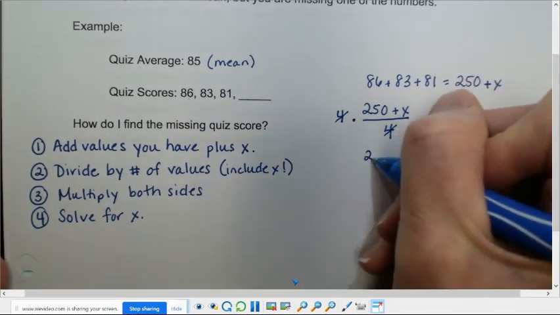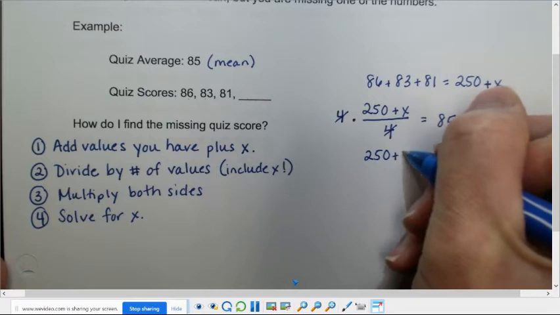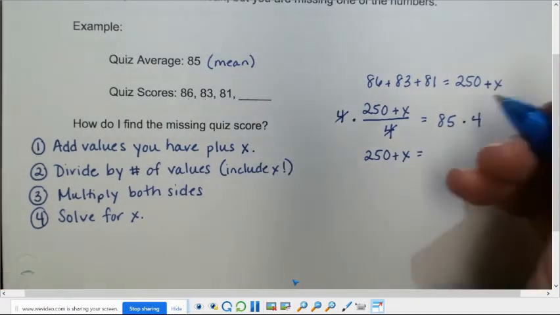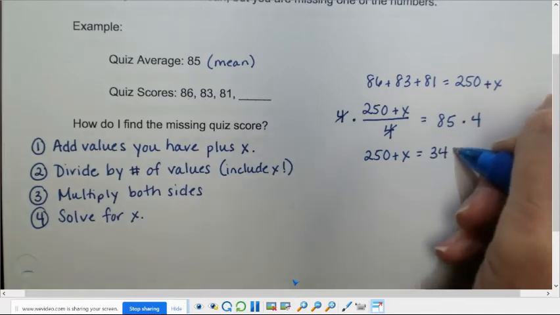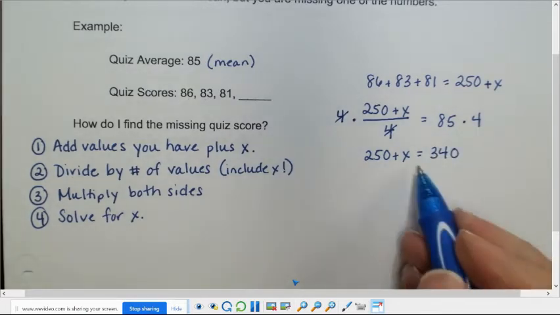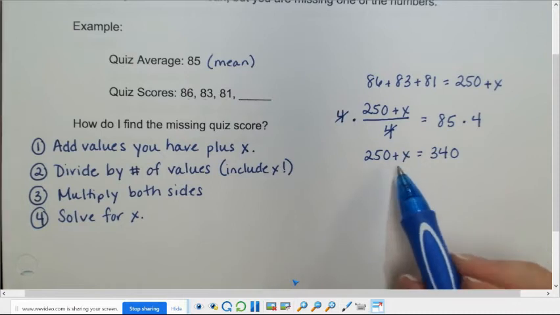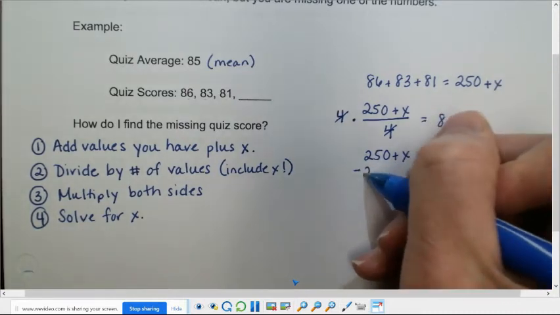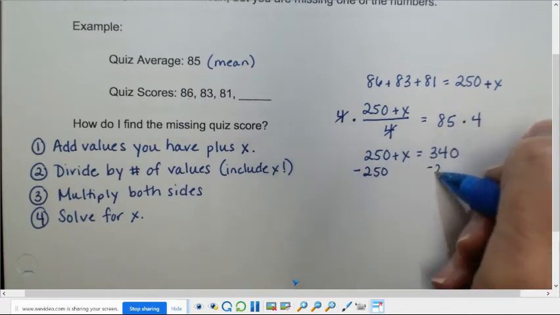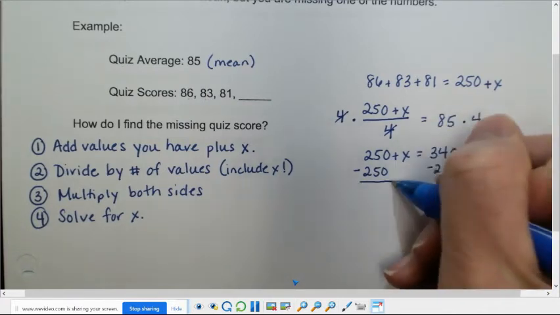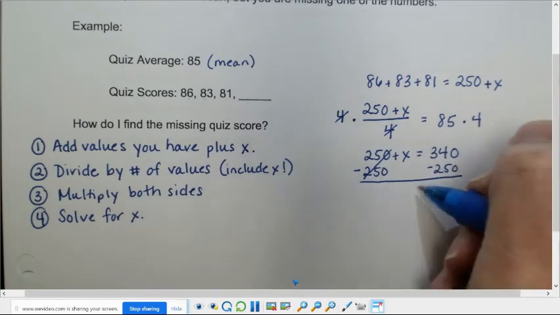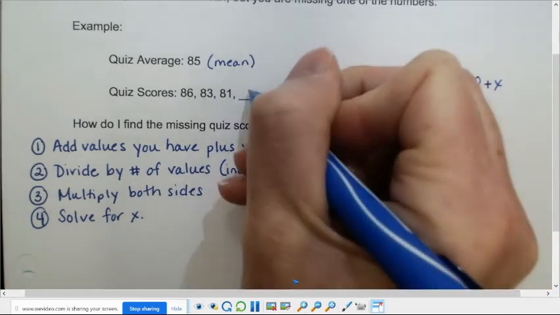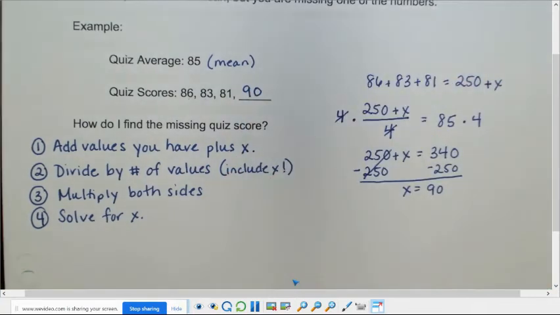I'm then left with 250 plus X equals 85 times 4, which is 340. Then I can simply solve for X like I've done in the past. If I have 250 plus X, I have to do the inverse here, so I will subtract 250. That gets rid of those, and then I have X equals 90. So my missing quiz score would be 90.